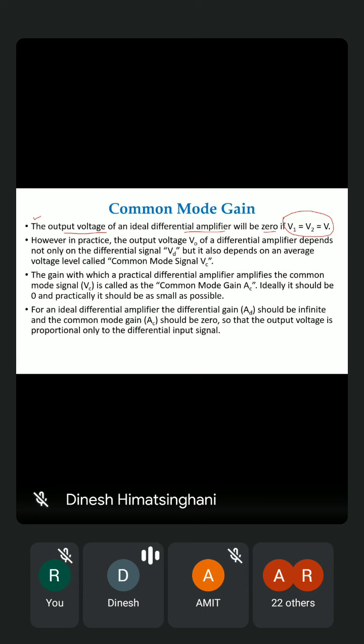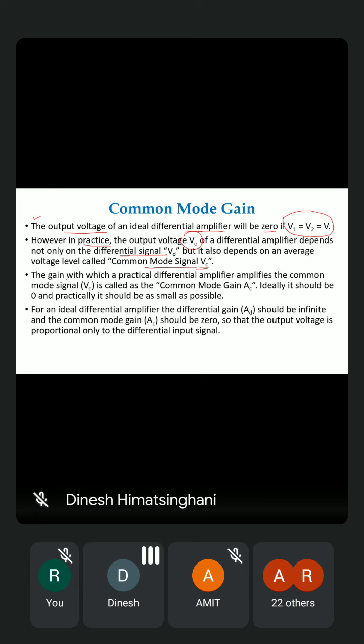Let us look at a practical op amp. In a practical op amp, the output voltage V0 not only depends upon the differential signal VD, but it also depends upon a common mode signal. What is the common mode gain?